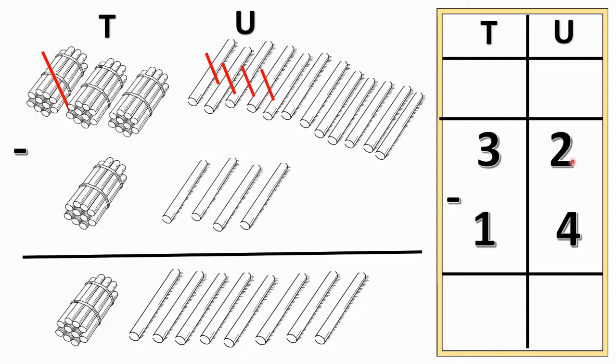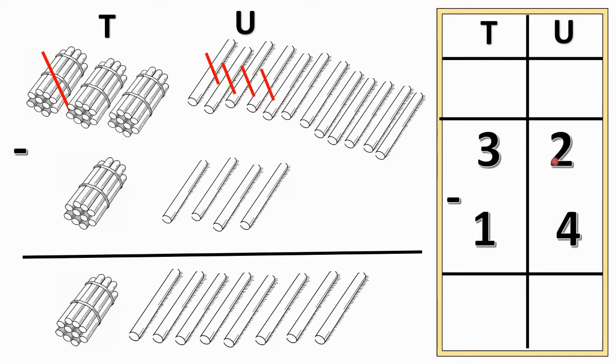Here 32, then we subtract 14. Same we have to do here. Here 2 and downside 4. First we will see the units place. So 4 from 2 we cannot take away because 4 is more than 2.